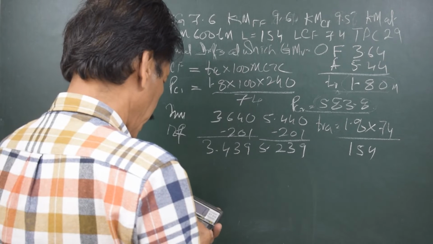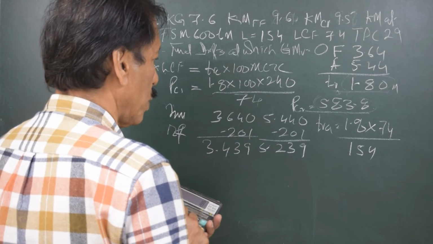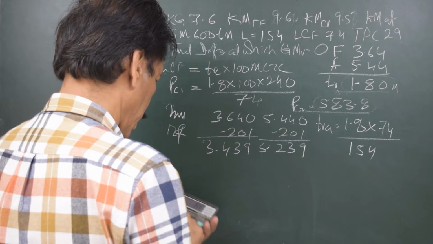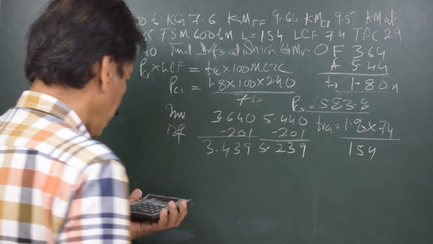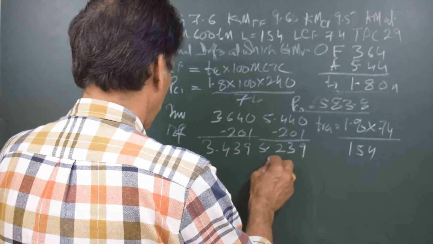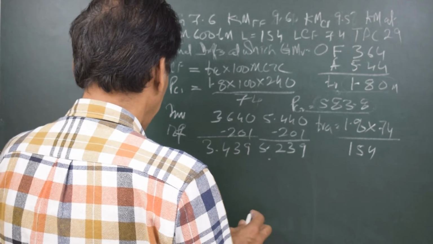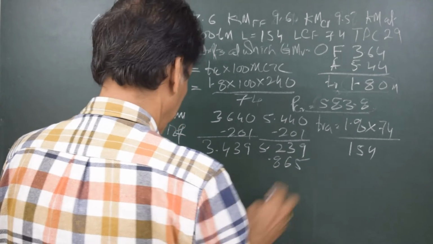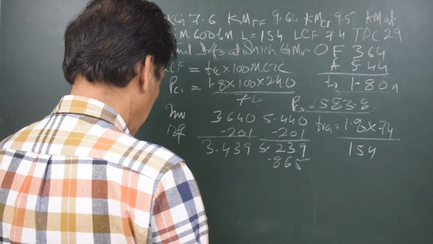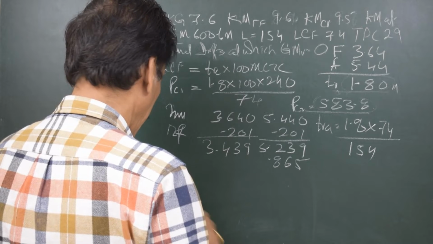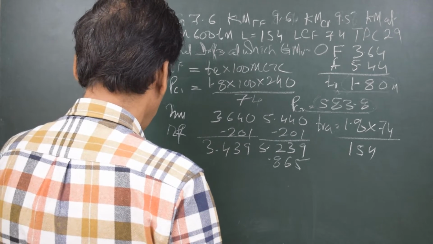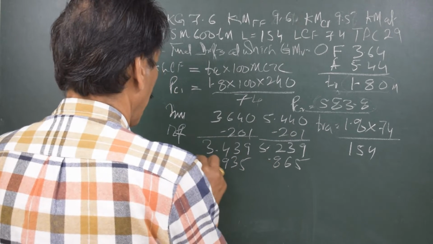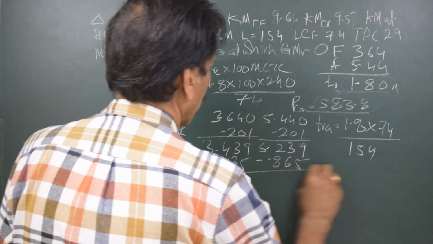So 1.8 into 74 divided by 154 gives me TRA, that is the change of draft purely due to trim change, 0.865, and TRF is 0.935. Forward is plus, this one is minus.